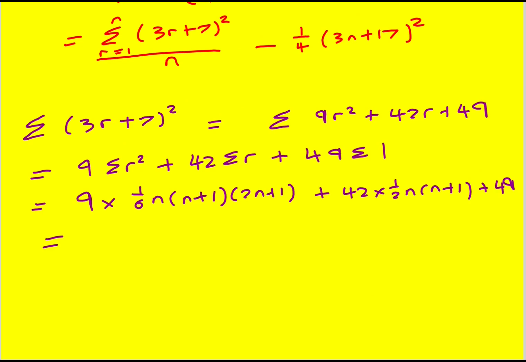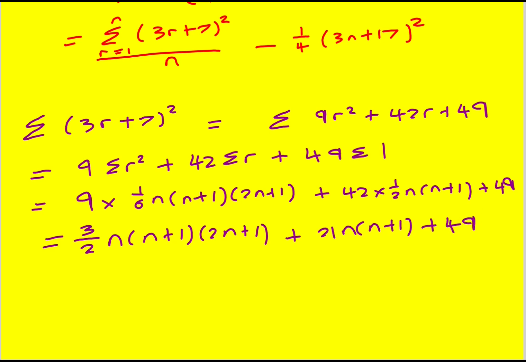We could sub in 85 at this point. I think it's best to, I mean, I'm not going to fully factorize it and things, but let's just simplify it first. So 3 over 2 n plus 1, 2n plus 1, plus 21 n plus 1 plus 49. So therefore, the variance is going to equal, now remember, I'm taking this and I'm dividing by n, so it's going to be 3 over 2 times n plus 1, 2n plus 1, just cancel out one of those n's.